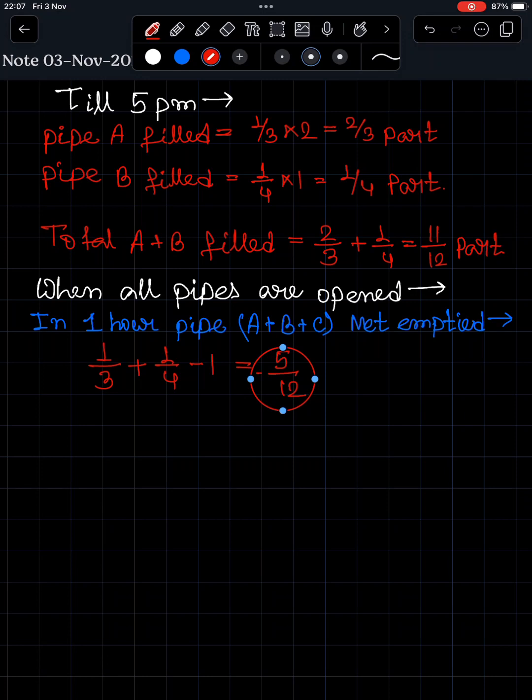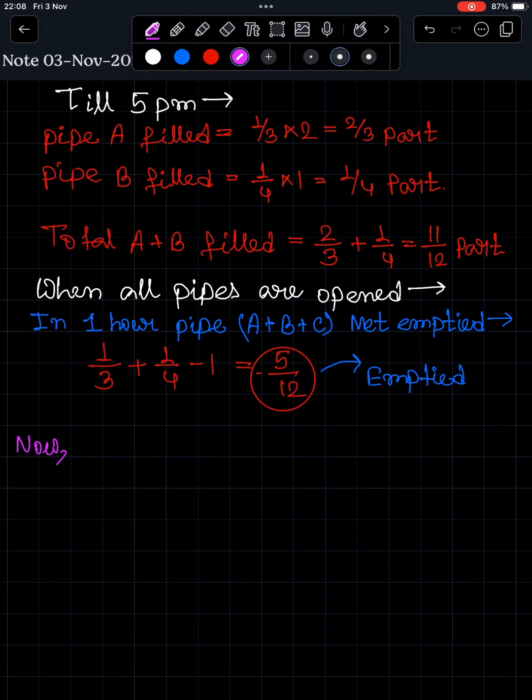Now 5 by 12 is the portion, but the minus or negative sign indicates that the cistern has been emptying by pipe C. So, if A, B and C are working together, the cistern will not be filled up, but it will be emptied. That is why the minus or negative sign is here. It indicates that the cistern has been emptying.